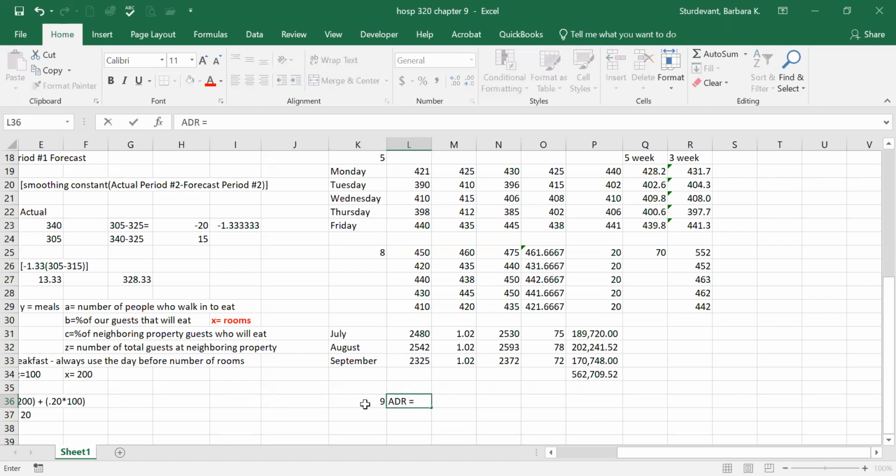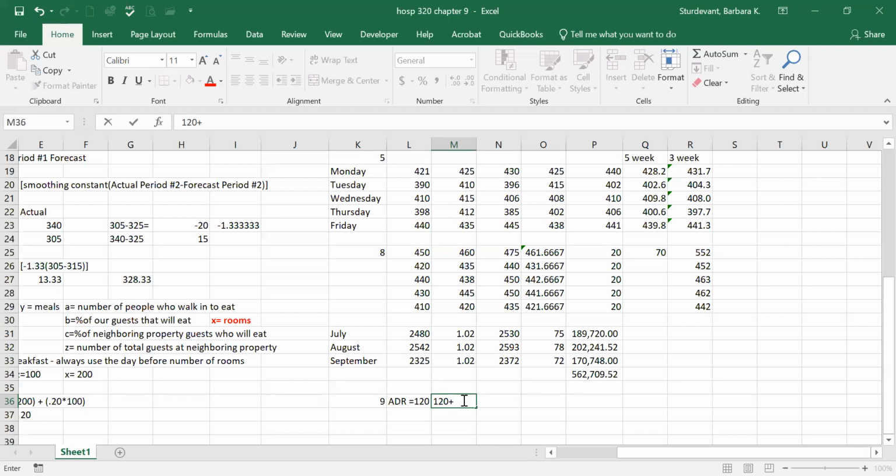So the ADR is equal to 120, and now we have to split it between our singles and doubles. We did this a little bit in our last chapter, revenue management.